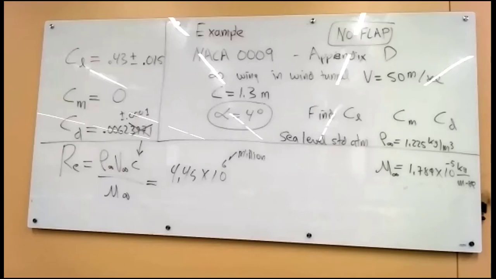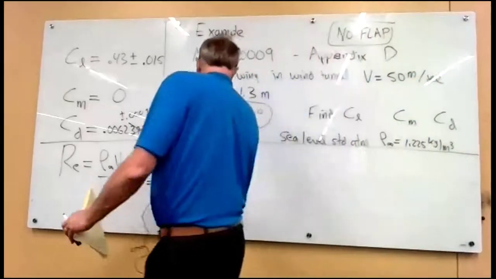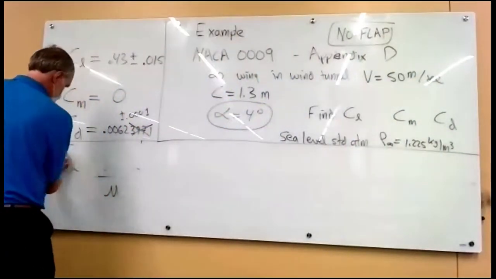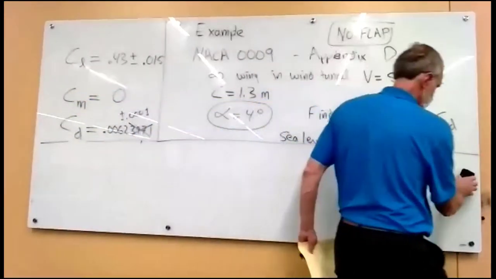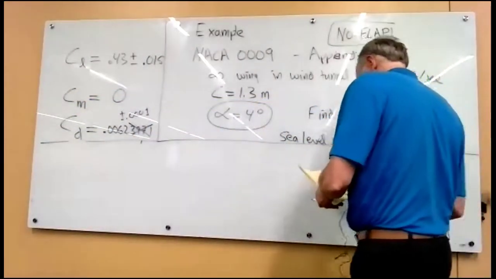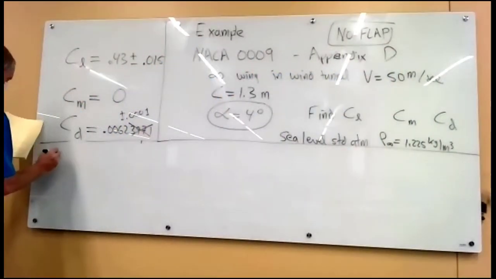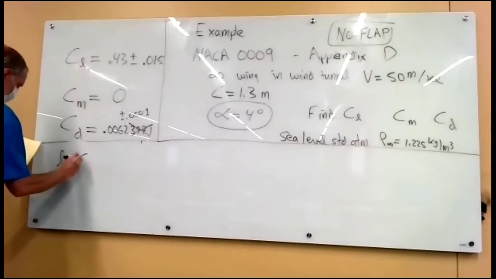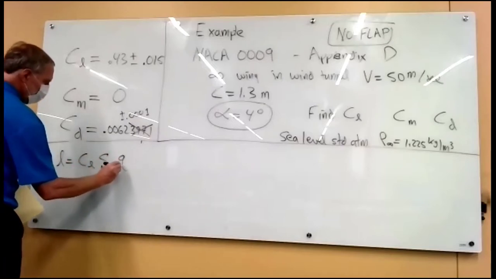So now if we wanted to calculate the total lift, the total drag, and the total pitching moment, we have to use the definition of CL, CM, and CD. So we're going to need to take CL, multiply it by S, and multiply it by Q infinity.